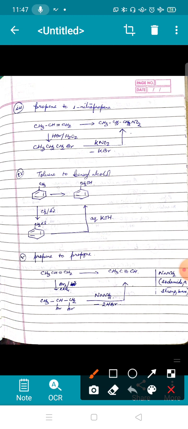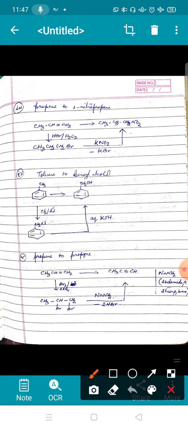Toluene is a common name accepted by IUPAC. Actually, it is methylbenzene, so we write benzene with a methyl group. And benzyl alcohol means a benzene ring with a CH2 and the OH attached to the CH2. So this is my requirement. Now how can we go about this change?